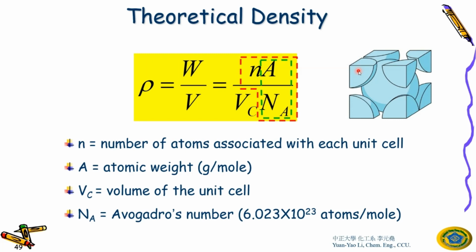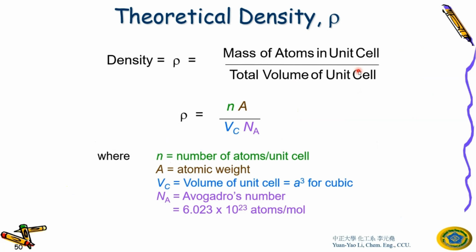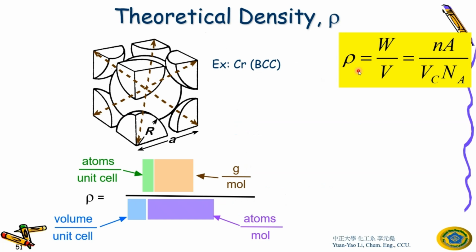Here I give you an example. This is the theoretical density I just showed you. In your final exam, I tell you, please calculate the theoretical density of chromium. The crystal structure of chromium is BCC. I just tell you this information.